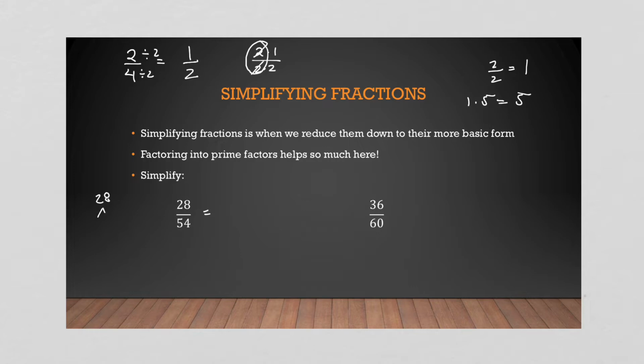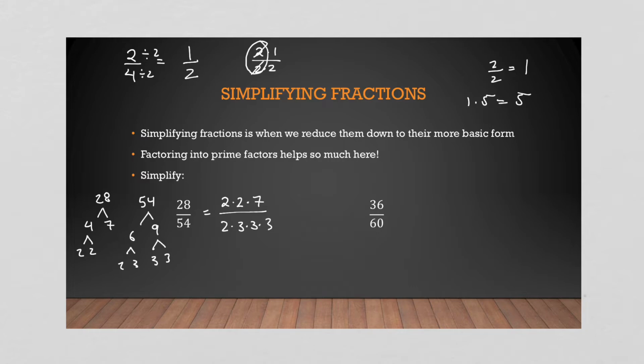Like, what's 28? Well, 28 is 4 times 7, and 4 is 2 times 2. So instead of writing 28, I'm going to write it as 2 times 2 times 7. 54, well, I know that that is 6 times 9, which is 2 times 3, 3 times 3. So now I have 2 times 3 times 3 times 3.